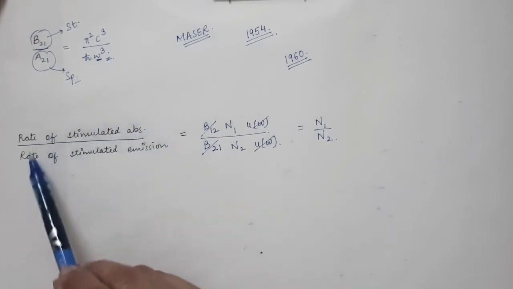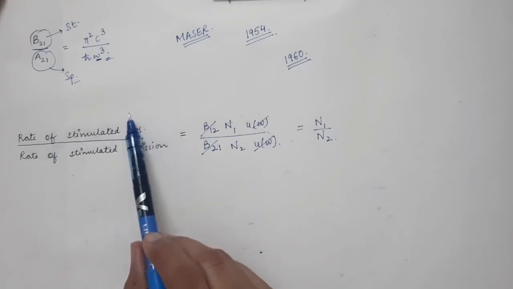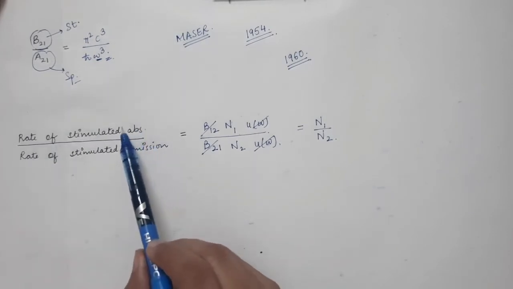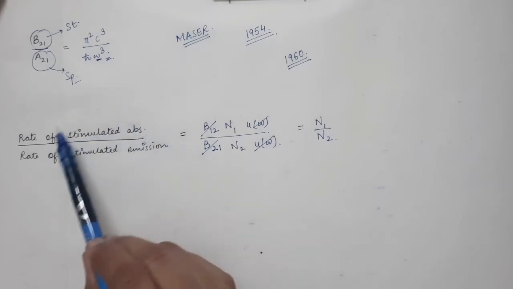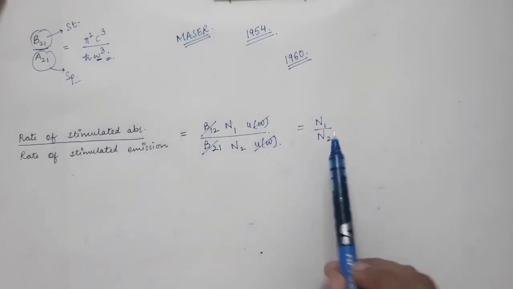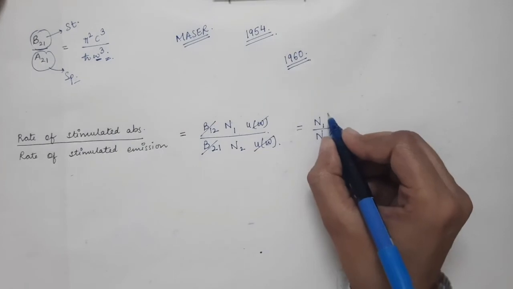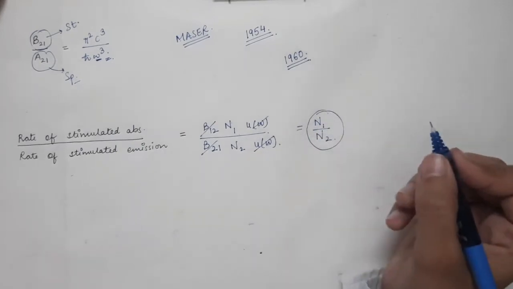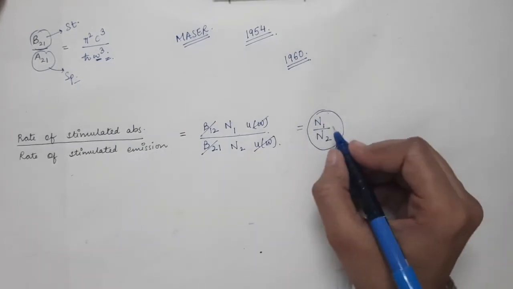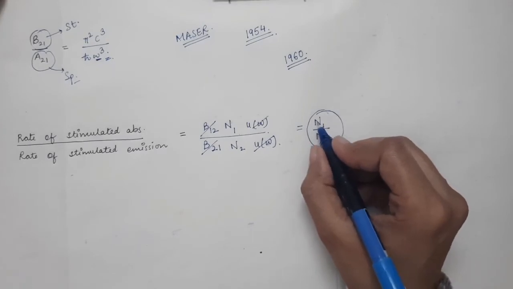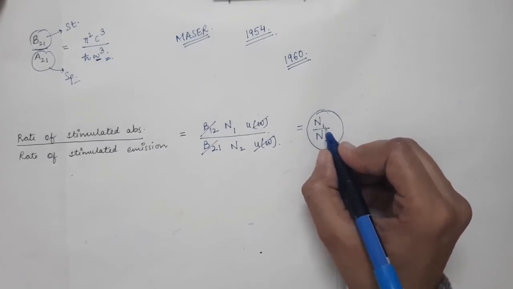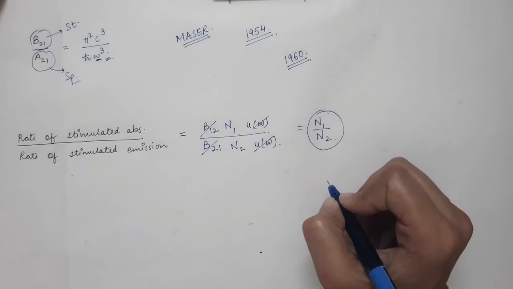So we want this ratio to be least. We want a larger denominator as compared to the numerator. For that, we want fewer atoms in the lower state as compared to the higher state.